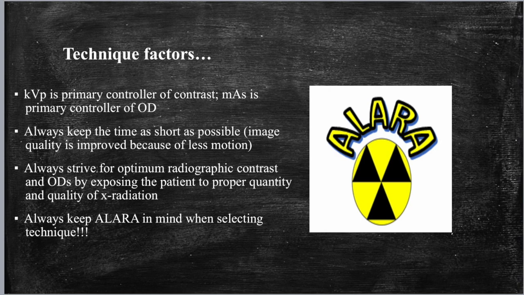KVP is the primary controlling factor of contrast. Mass is the primary controlling factor for density. As you increase KVP, both the quality and quantity are being increased. When increasing mass, the radiation quantity is being increased. Always remember when choosing technique factors that you have to think of ALARA as well.